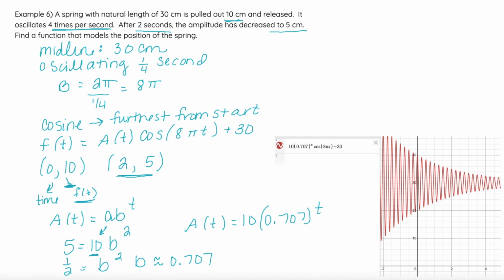Now that we know what our amplitude is, we can find the final function. F of t is equal to 10 times 0.707 to the power of t times cosine of 8 pi t plus 30. And then, of course, I've got the graph listed there so that we could see it in action.